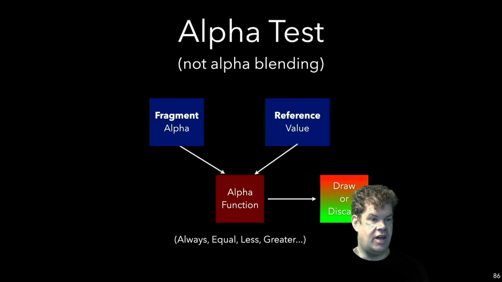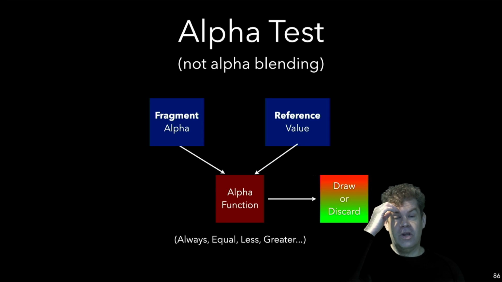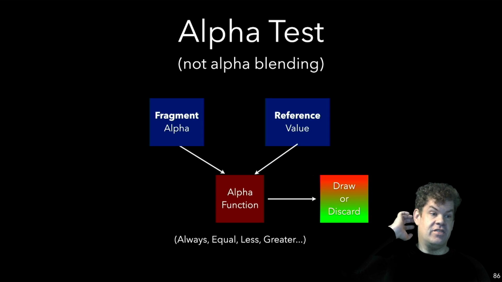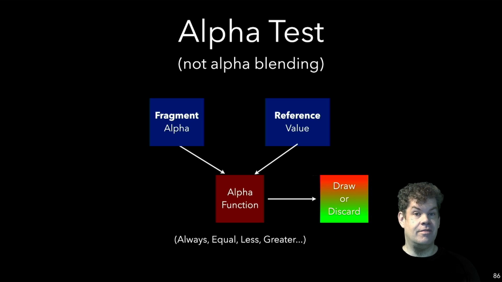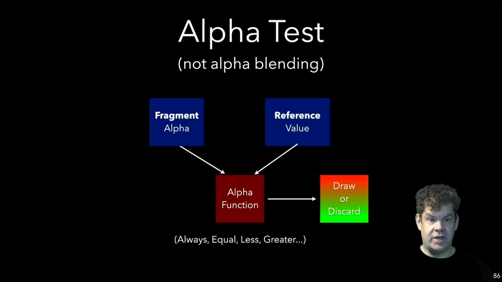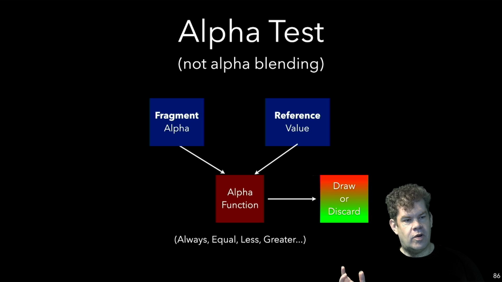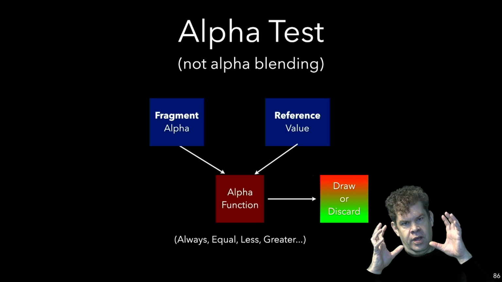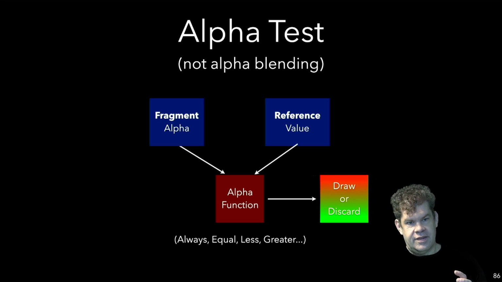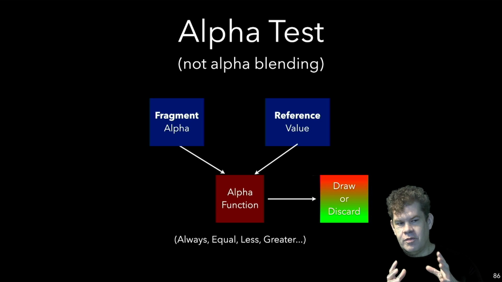Okay, let's start with the alpha test. And another warning here: alpha blending is something different. Just because they both have alpha in their name doesn't mean they're the same. We will have blending later on. What I want you to remember about the alpha test is not so much the value alpha. What is alpha anyhow?